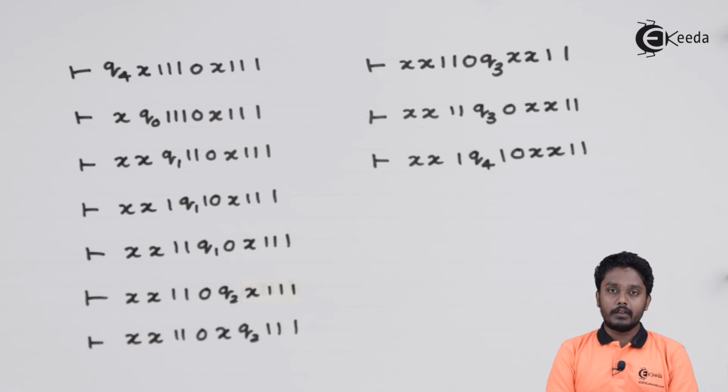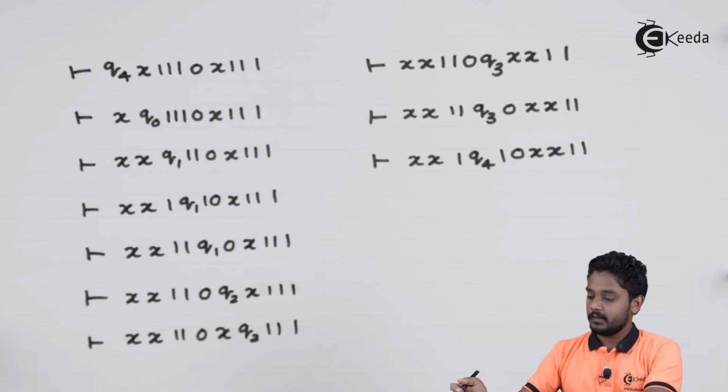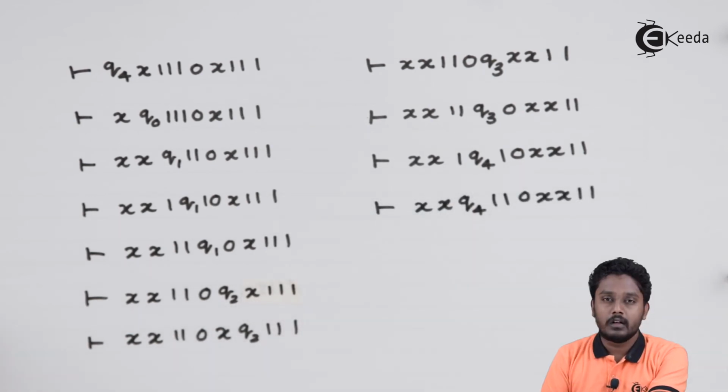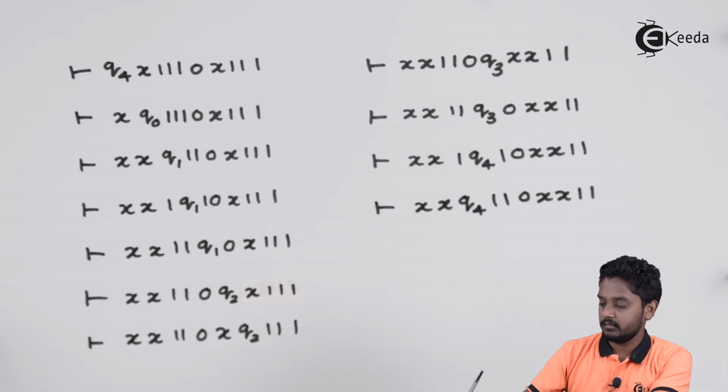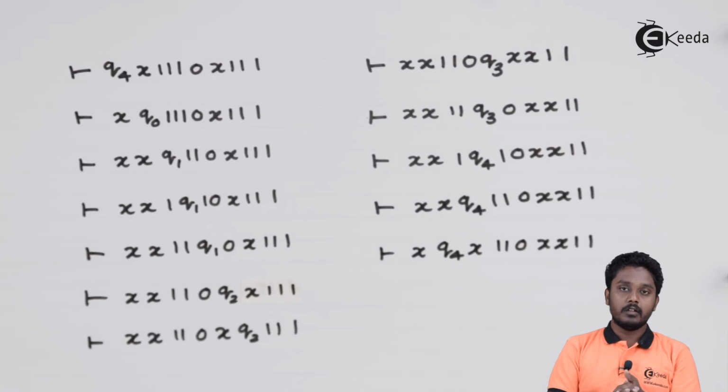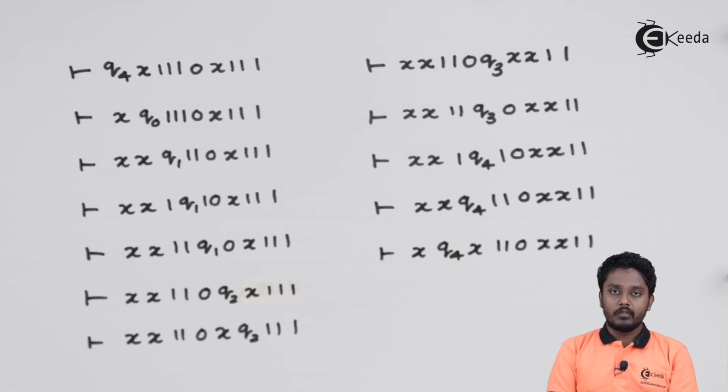From Q4, with every 1, we need to skip it and keep on moving to the left. Again, we have encountered a 1. Q4 on an X will keep on moving to the right. Along with that, it will go to the state Q0.